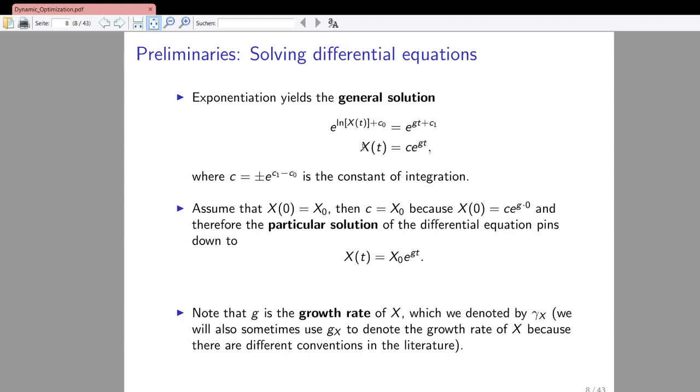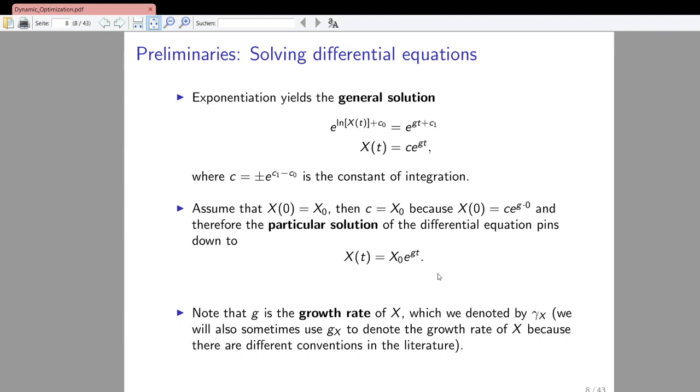So we plug this into the general solution and get the particular solution of the differential equation, and that's x(t) is equal to the initial level x0 multiplied by the growth factor e to the power of gt. Now this initial level, as I said, selects out of the infinitely many solution paths the one unique solution path that fulfills the initial condition that x0 is x sub 0 at time 0.